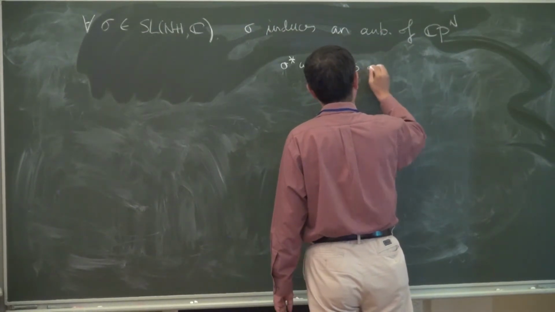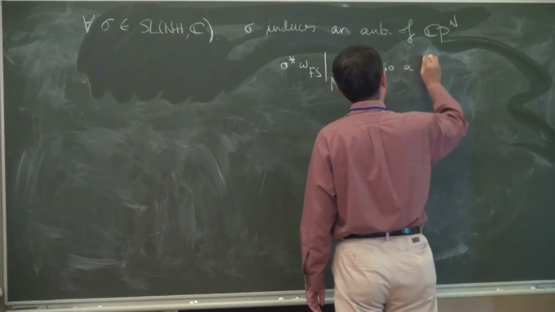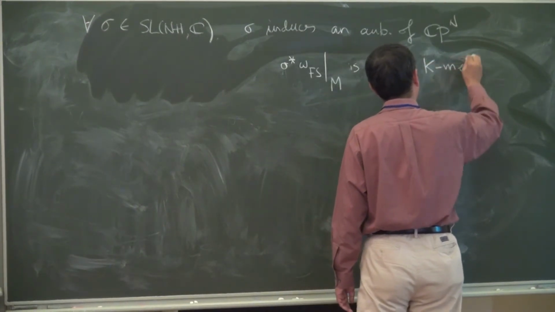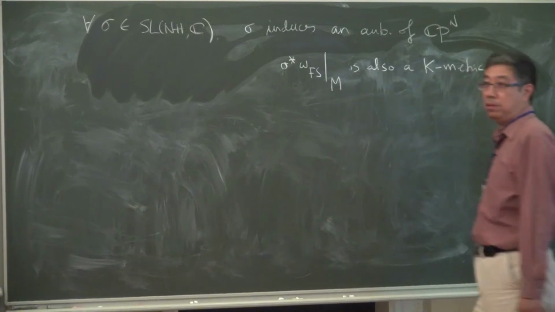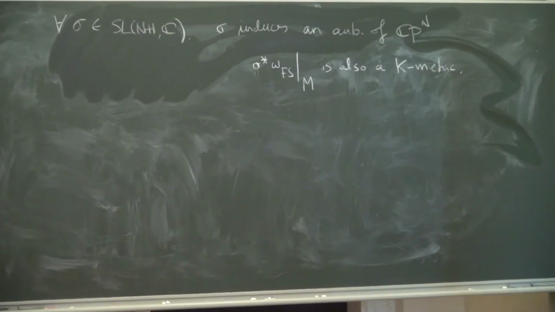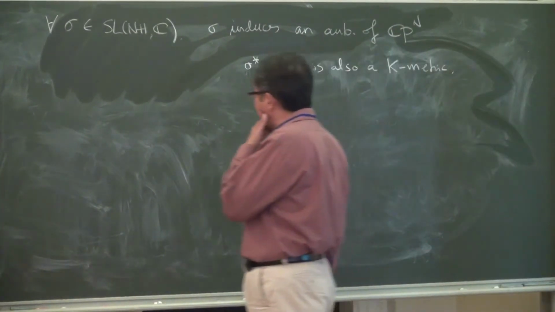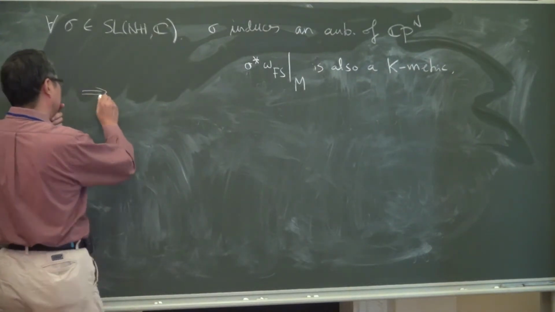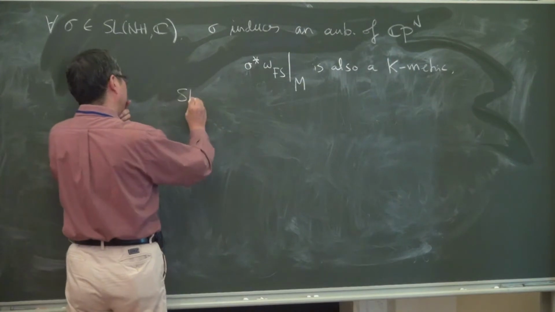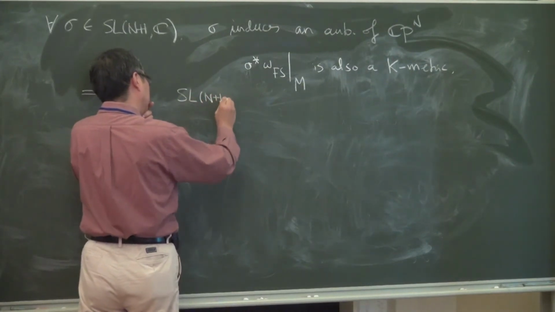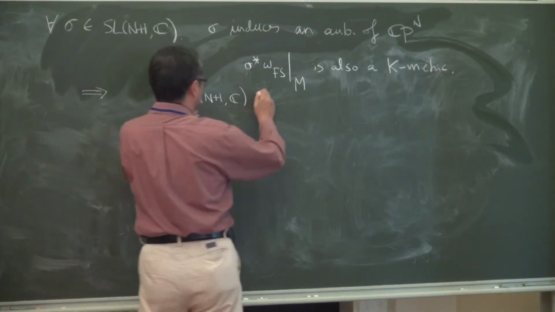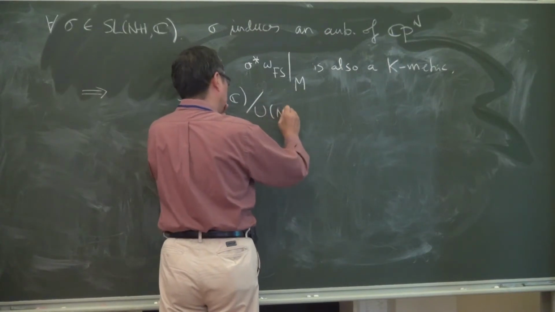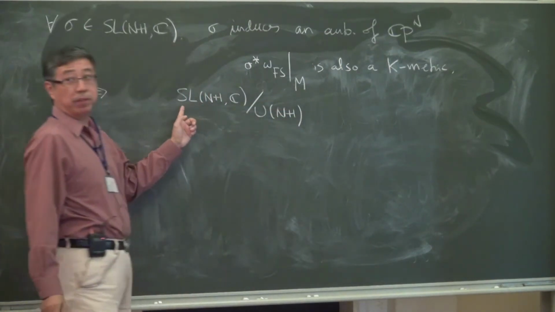It's also a Kahler metric. Okay. So this way, at least you look at the S. I will give you a check to quotient by U(n+1), which is a subgroup of this.